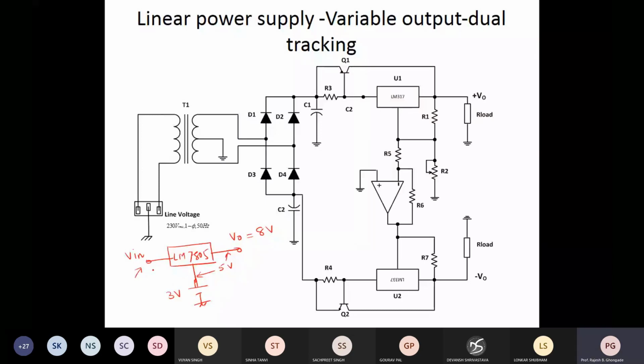This is called the dropout voltage. Voltage over here to 3 volts.